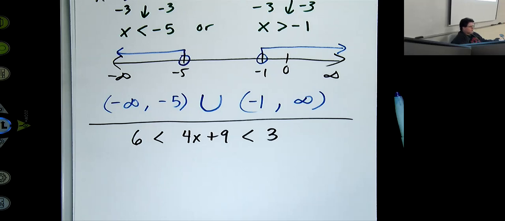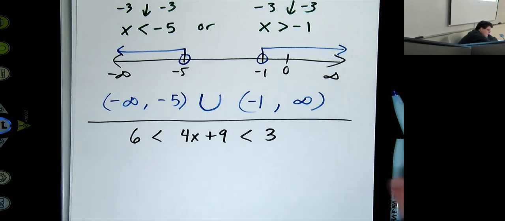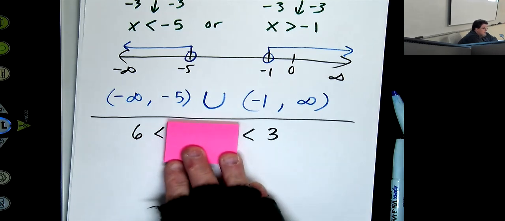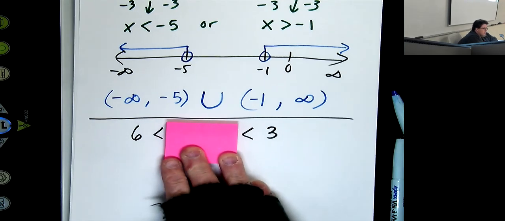You can go through and solve this. But if I cover up that thing in the middle, this says 6 is less than 3. Is 6 less than 3?